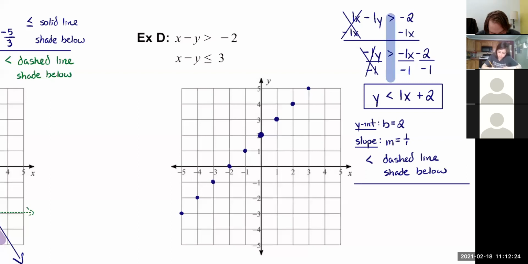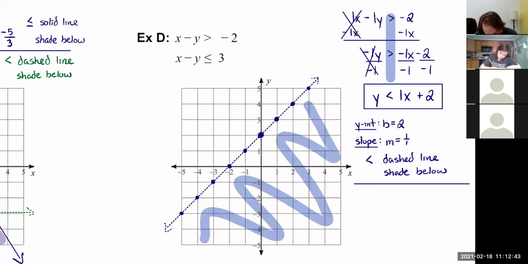Double checking my inequality sign there, reminding myself that it is going to be a dashed line. And with respect to that dashed line, we're considering everything beneath it.